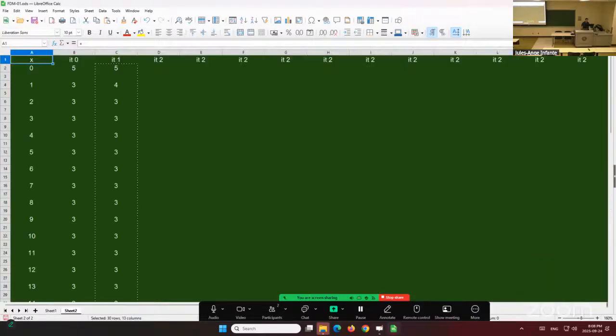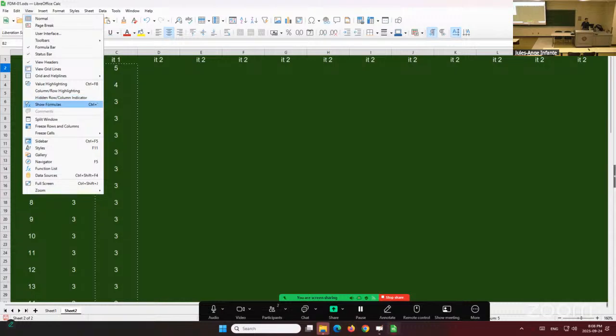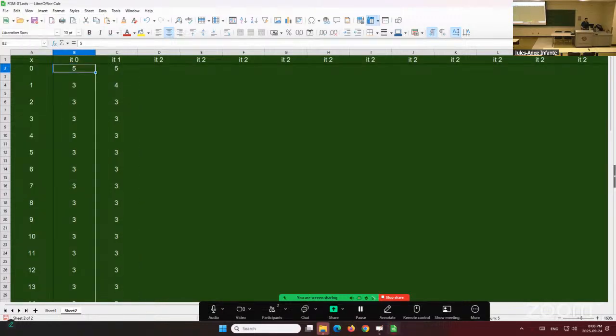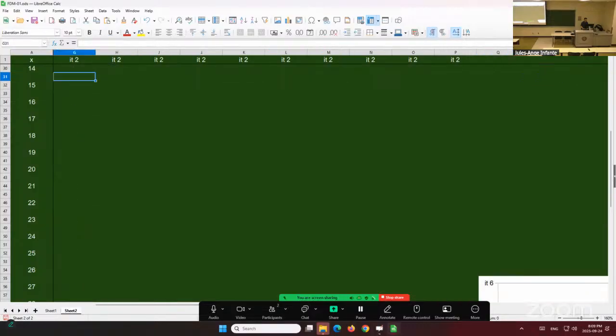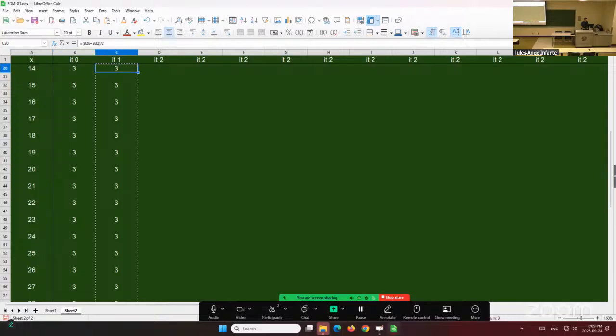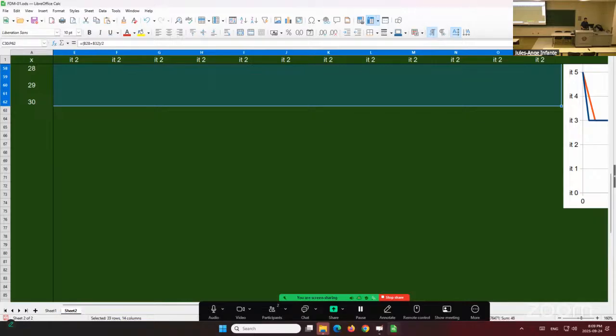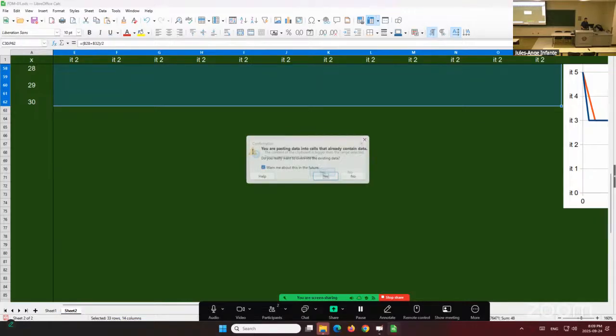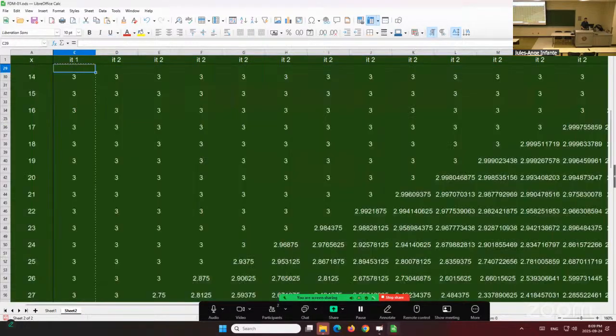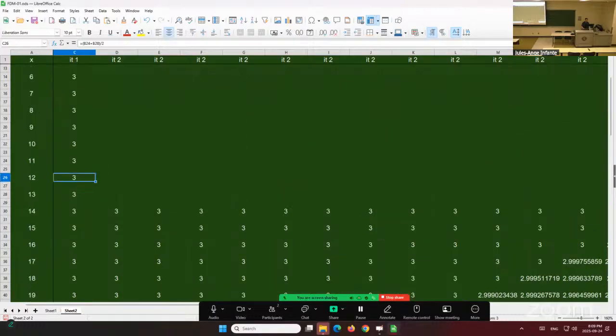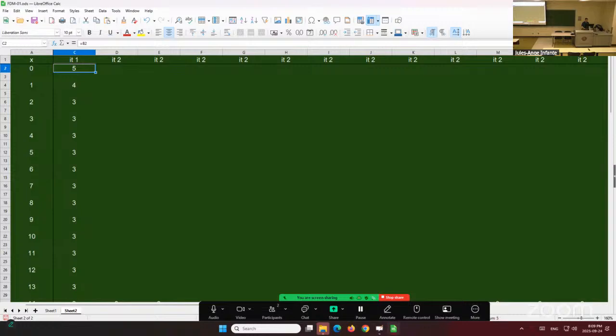Oops. Let us freeze row columns. I made a boo-boo. Oh, I did not start from the proper area.